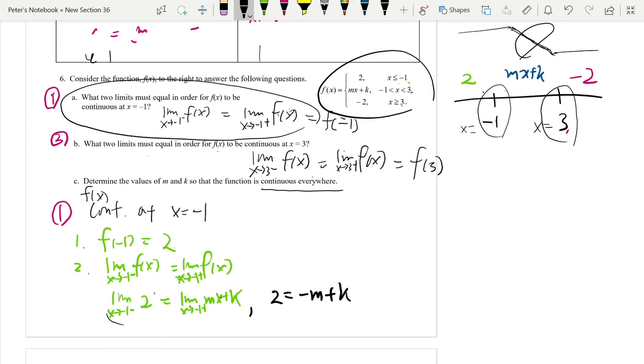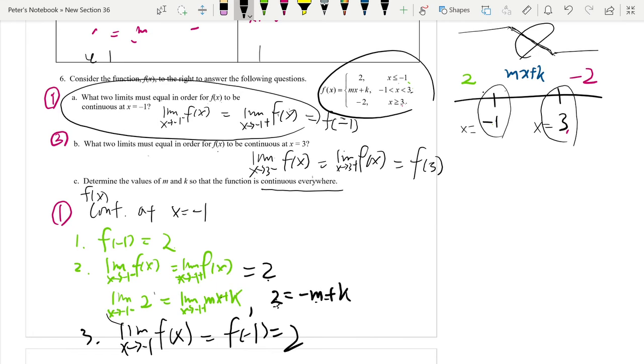And this automatically tells us that it's going to equal to each other. So as long as we can figure out m and k that satisfy it being equal to 2, then we can actually establish the limit of f of x as x approaches -1, because if this is equal to 2, then it is equal to f of -1, which is equal to 2.